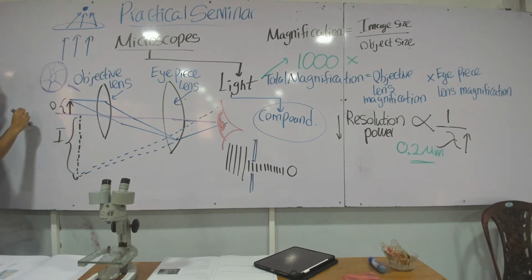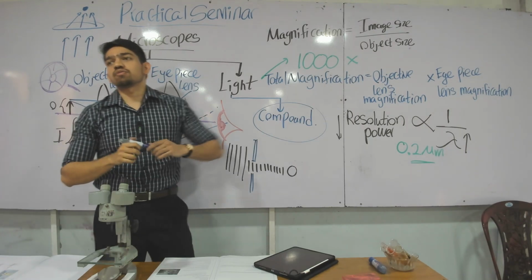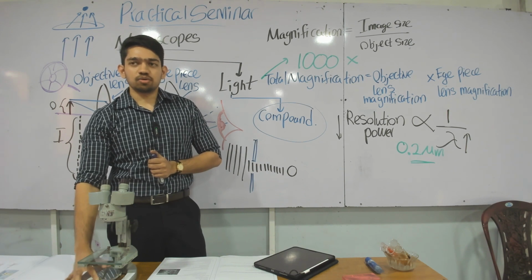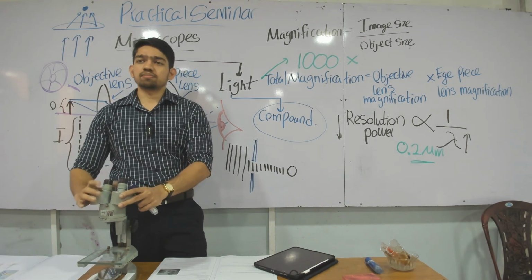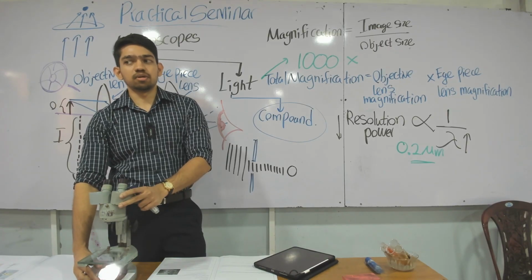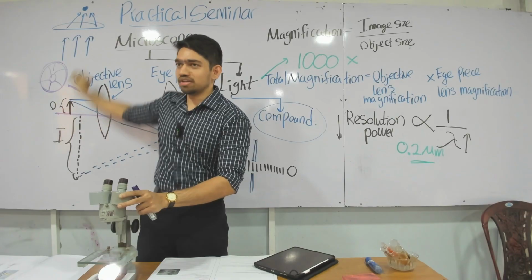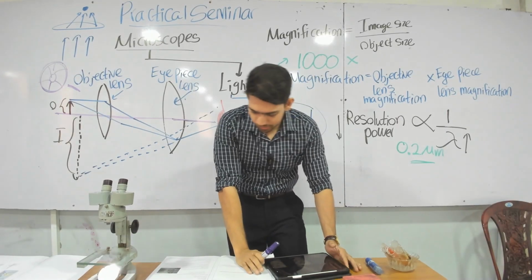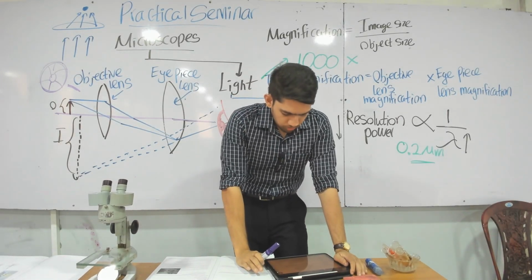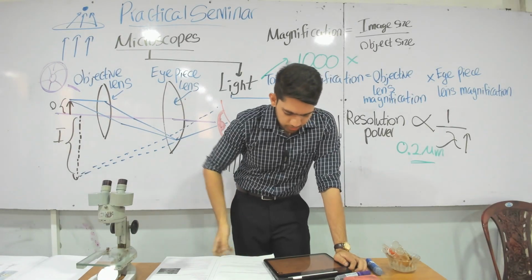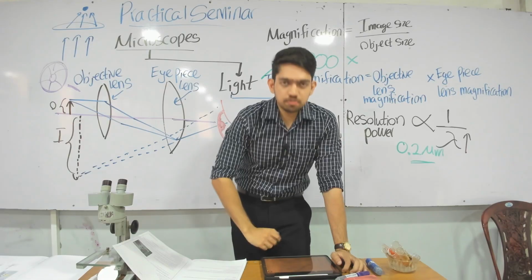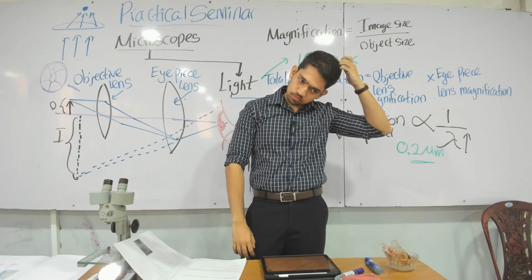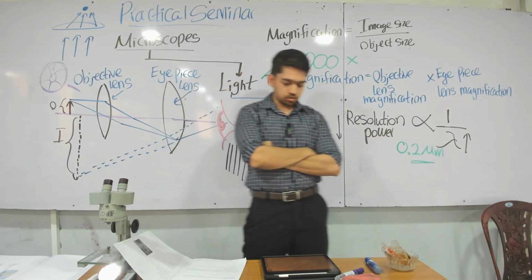That is usually found in microscopes with mirror illuminated lamps, where you can't control the light, because unlike an electrical lamp, you can't control the brightness with a mirror. So you can control the light by opening and closing this opening. You can say the diaphragm controls the amount of light reaching the specimen.